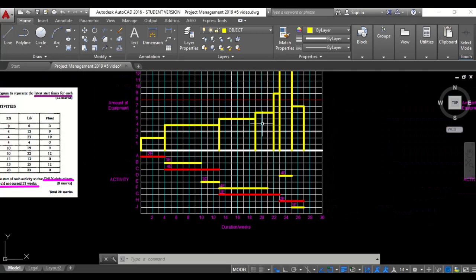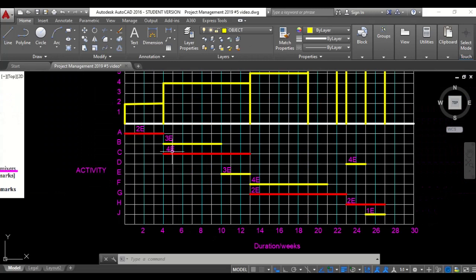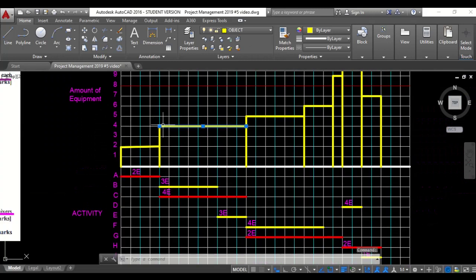So let's now review our resource histogram to ensure that it follows what we have in this bar chart down here. So we have, this remains at 2. We have 7 here. So we bring this up to 7. I'm just going to be selecting both.